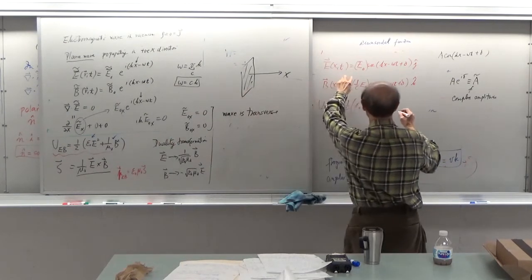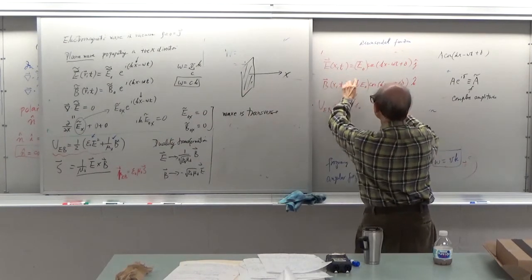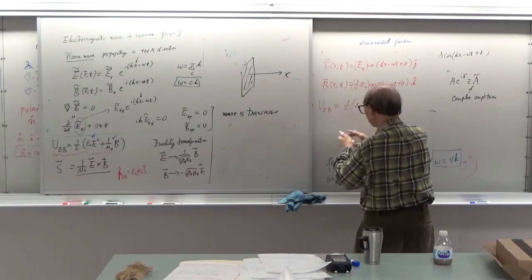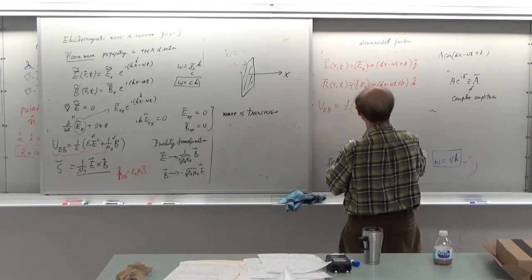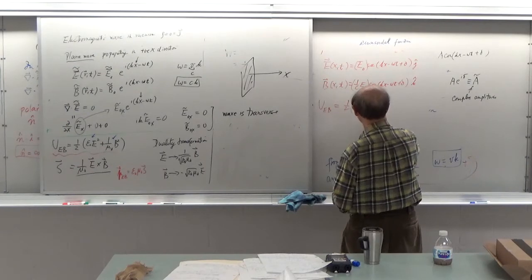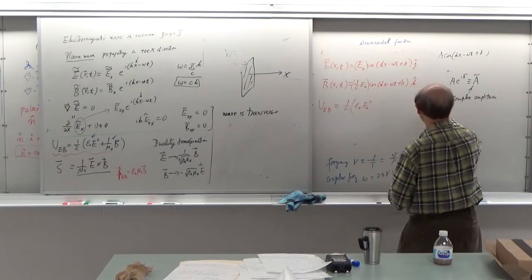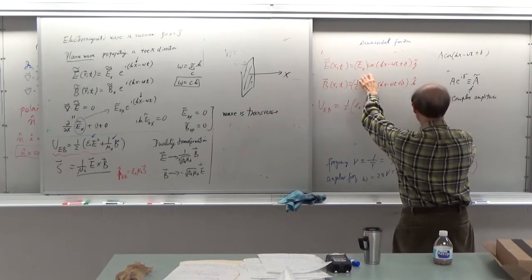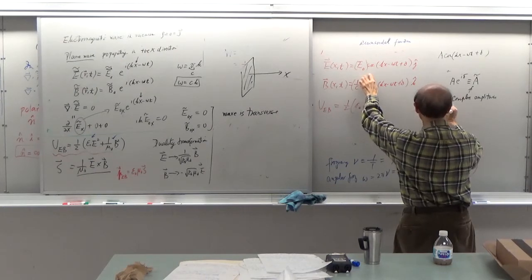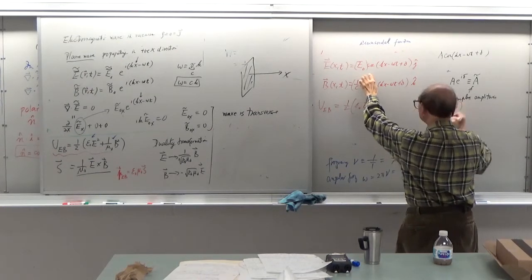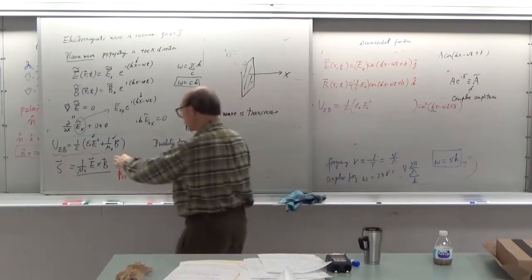E square is E naught square, and then I have cosine square of kx minus omega t plus delta. That is this term.